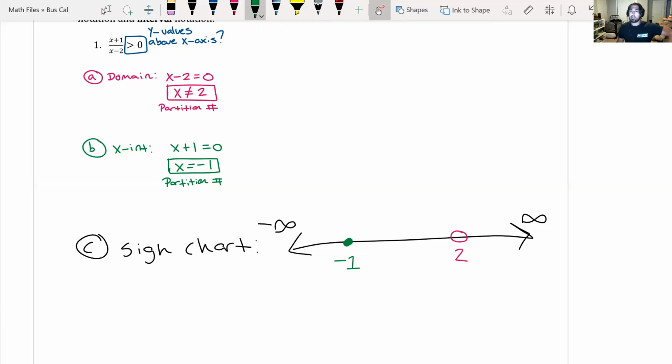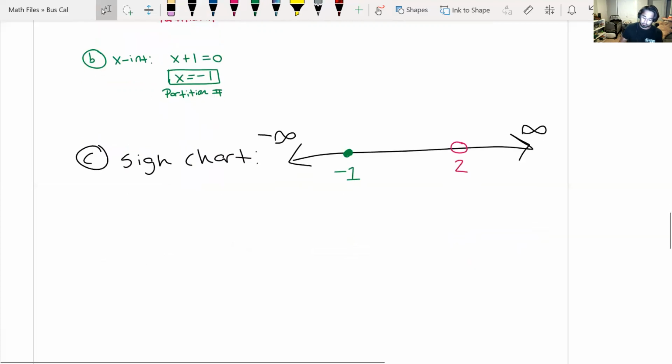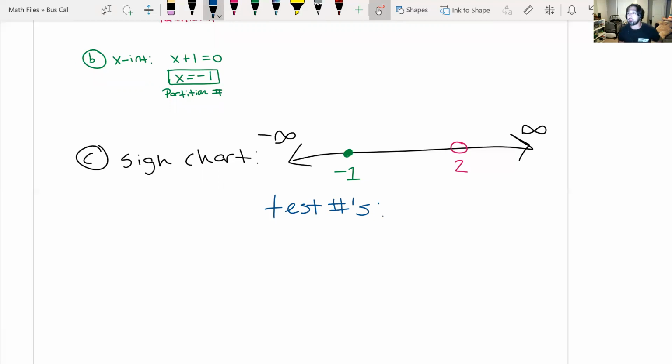Okay, so after we plot our partition numbers, we now pick test numbers. And when I say test numbers, we're going to pick it between the intervals. My first interval is -infinity to -1. And always think small. I want a number from -infinity to -1.